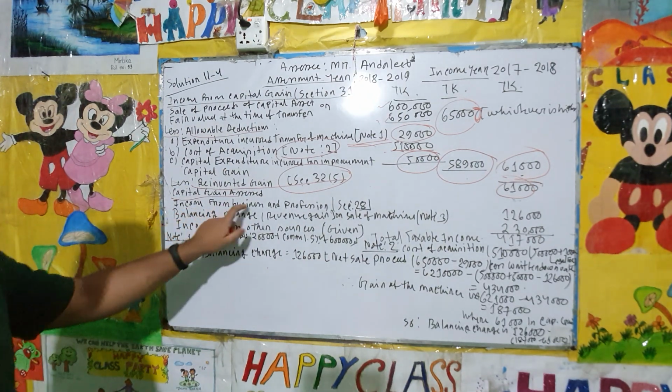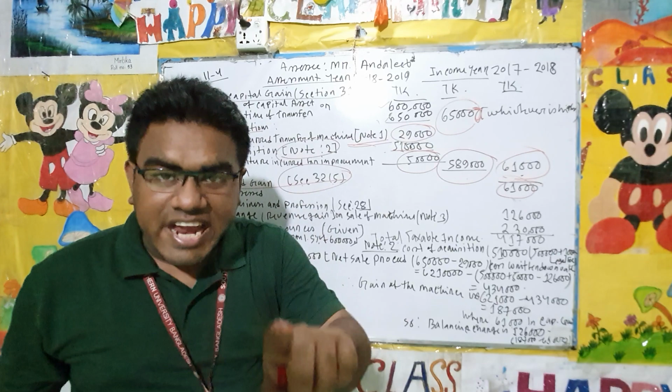Now income from business and profession under 28.